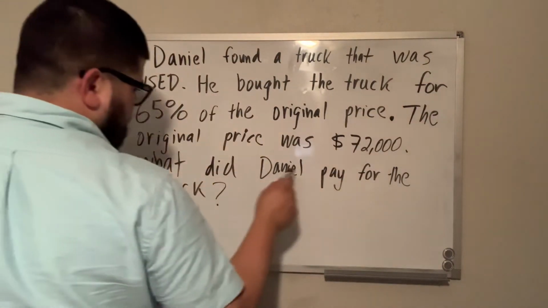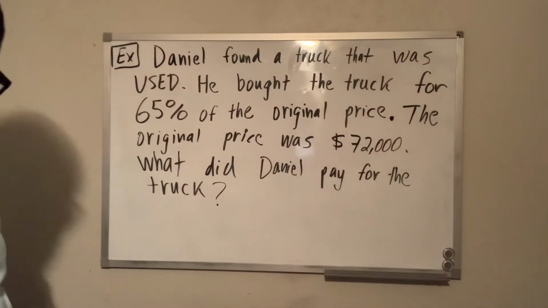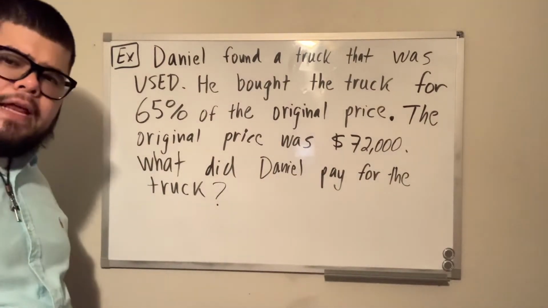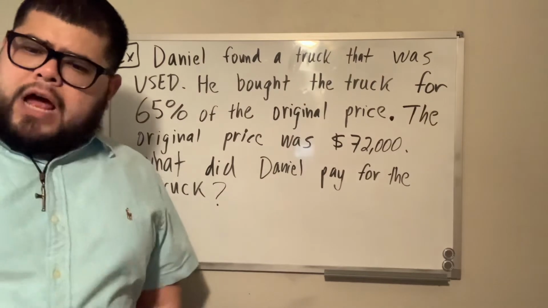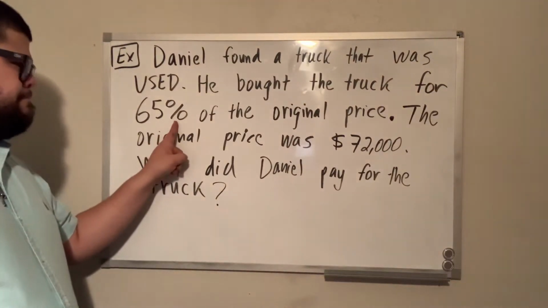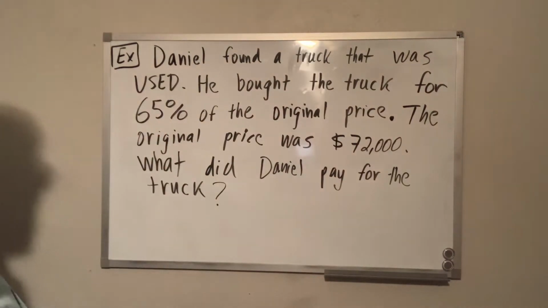What did Daniel pay for the truck? This deals with percents, right? And we will need to use the percent proportion. How do we know we need to use the percent proportion? Because you see the percent symbol, right? We see that.